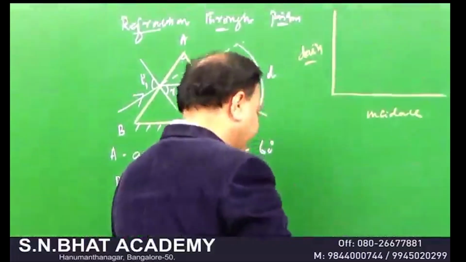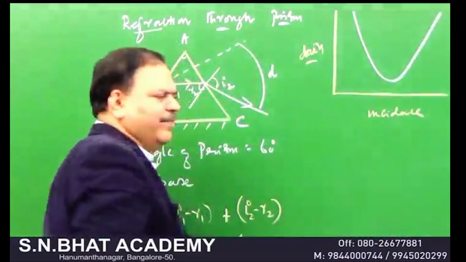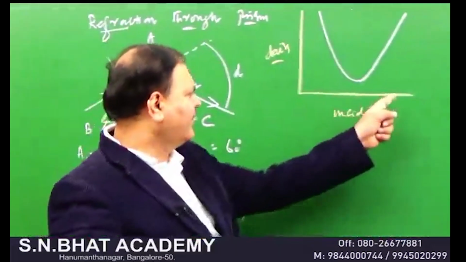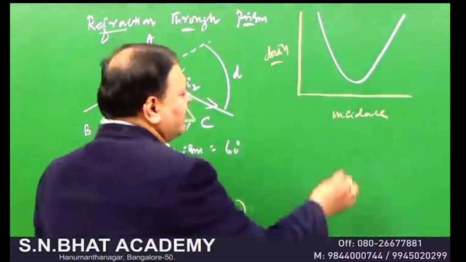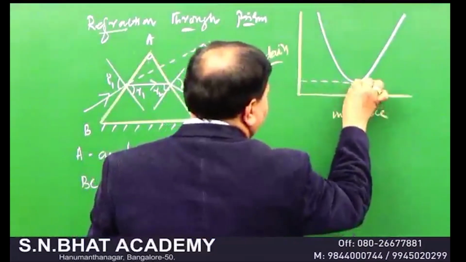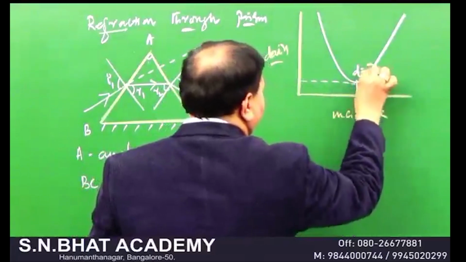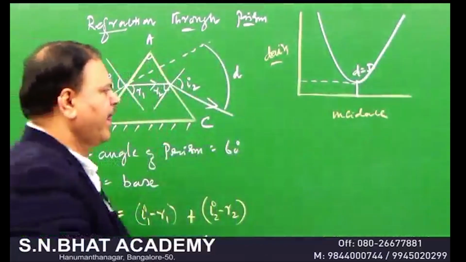You'll get this kind of graph. What does it mean? As the angle of incidence increases, the deviation decreases, and the deviation becomes least.